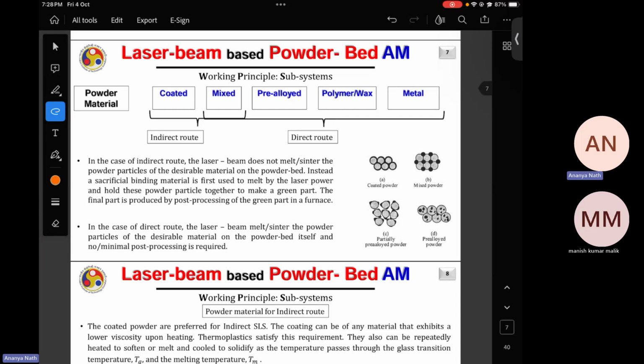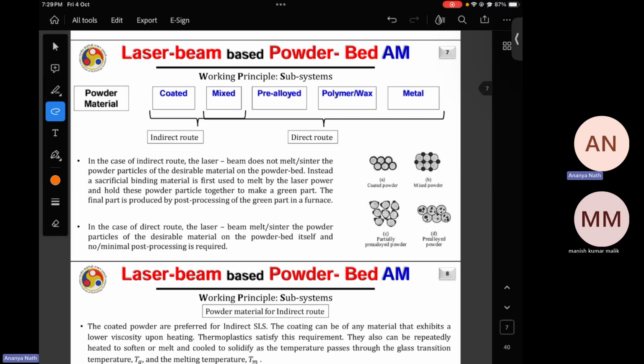Here in additive you do not really apply any pressure so that the powders can get sintered. So it's quite difficult to sinter metal powders in additive, as there is no pressure, but if you can apply pressure in each layer, it's better for metal powders.